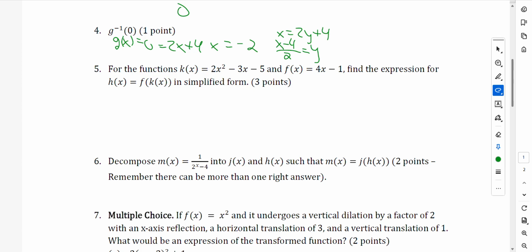This says for function k and f, find the expression for h of x in simplest form. K of, sorry, this means I'm taking k, that quadratic, and plugging it into the linear function. 4 times 2x squared minus 3x minus 5 minus 1.